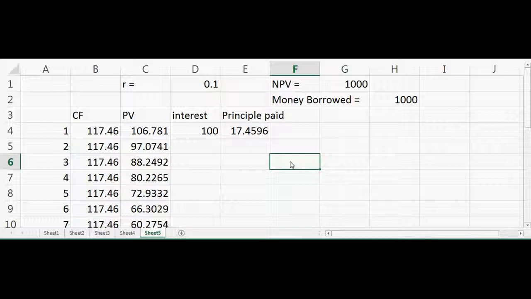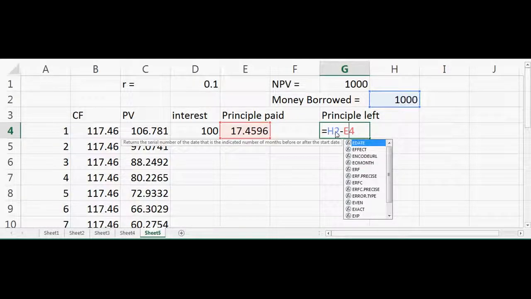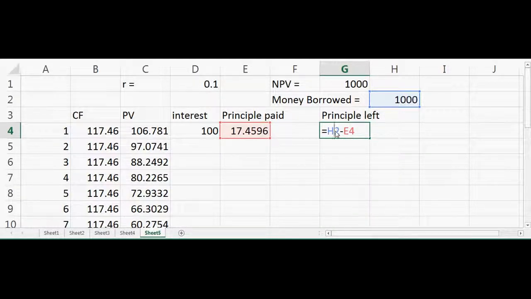So what will happen next year? So next year the principal left will be equal to money borrowed minus principal paid, right? So now this is the principal left.